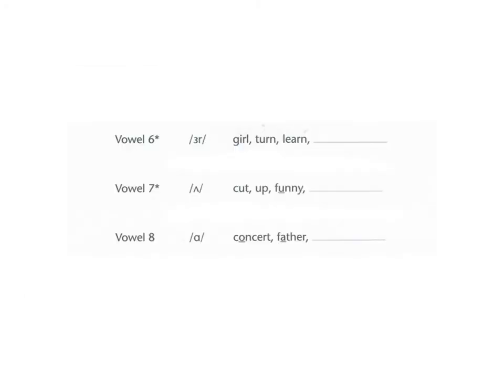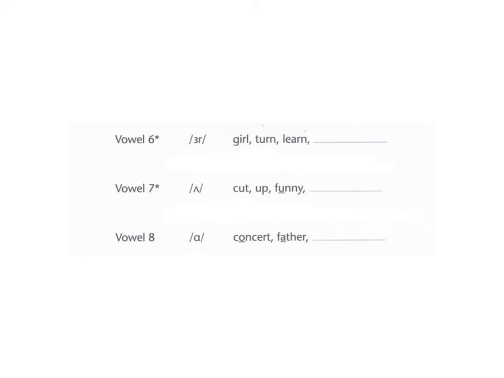Let's practice some example words for the central vowels. So our first one, vowel 6, sounds like girl, turn, learn. Our seventh vowel sounds like cut, up, and funny. And vowel 8, ah, sounds like concert, father.